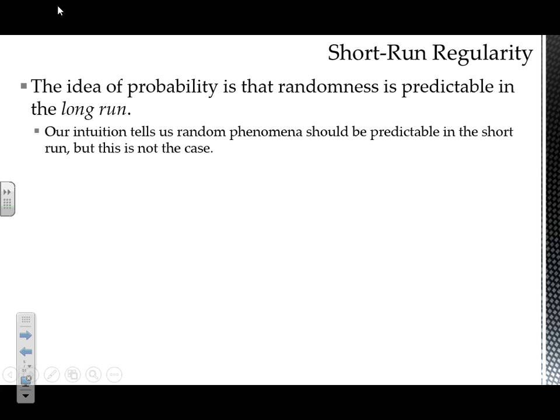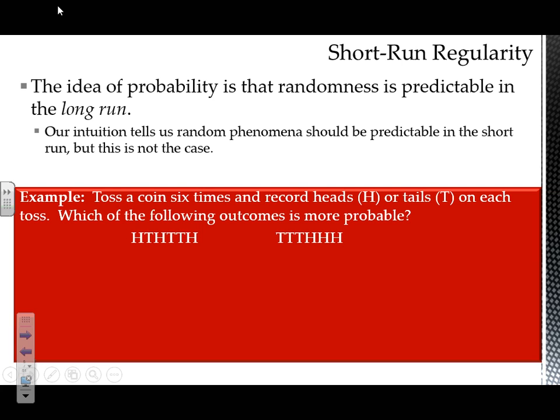But what people assume then is that if we were to look at an event where we actually flip a coin 10 times, we should get 5 and 5. And that's not the case. It's a completely random event, which means we don't know what's going to pop up at any given time. So what people try to do is take that long run frequency and apply it to short run models.